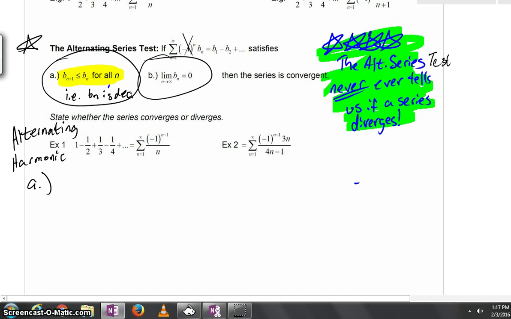Now, there are two ways you can do this. By the way, haven't you done this recently, even yesterday on a quiz, showing that a function is decreasing? How do we do that? Take a derivative. You could say, well, look, b sub n clearly is 1 over n. Let's just take a look at f of x and pretend that it's 1 over x. Take the derivative. What's the derivative of 1 over x?